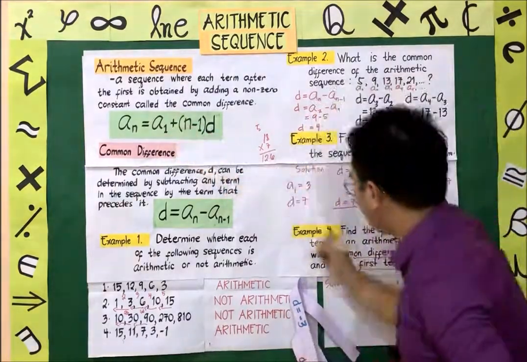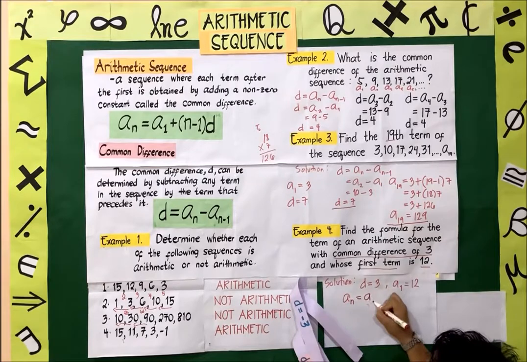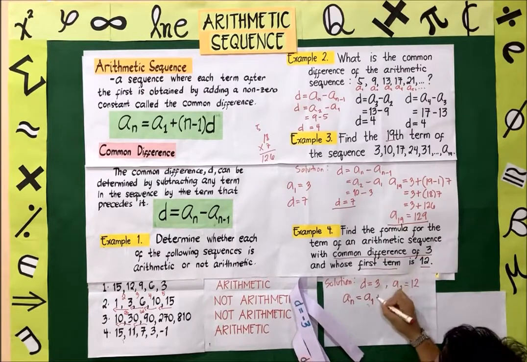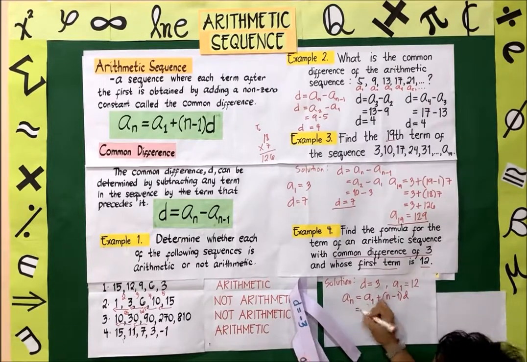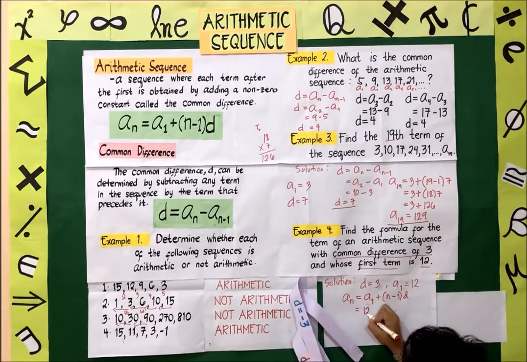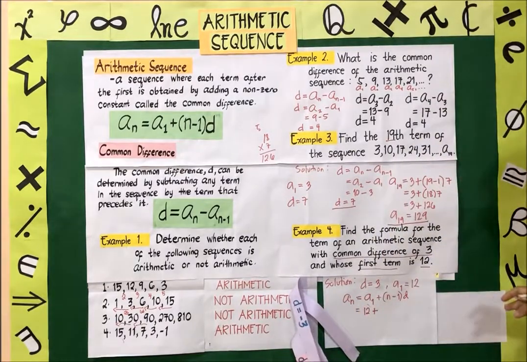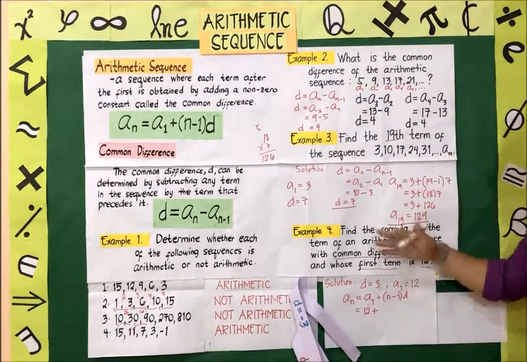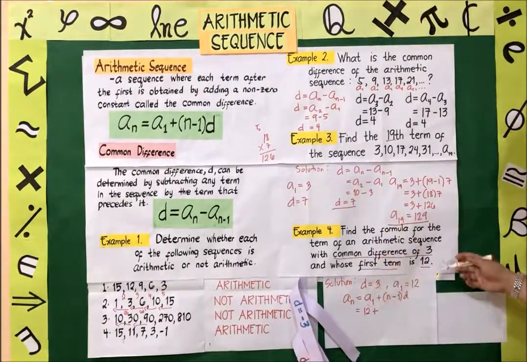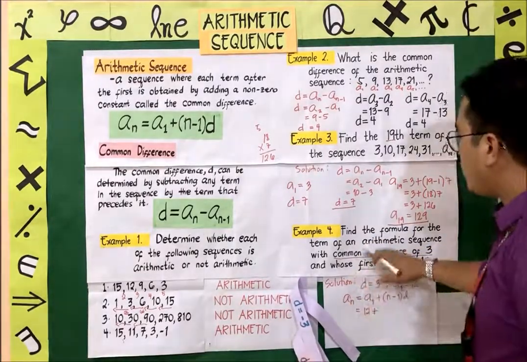So, use this formula. We have A sub n equals A sub 1 plus n minus 1 times D. So, A sub 1 is equal to 12 plus n minus 1. Hindi naman magmamatter kahit hindi natin alam kung gaano karaming term, as long as makuha natin yung formula in terms of n.